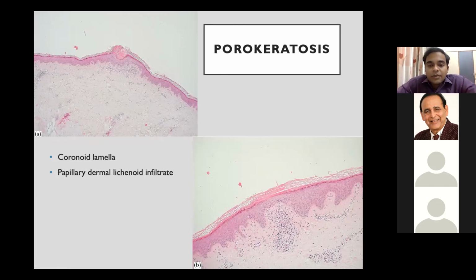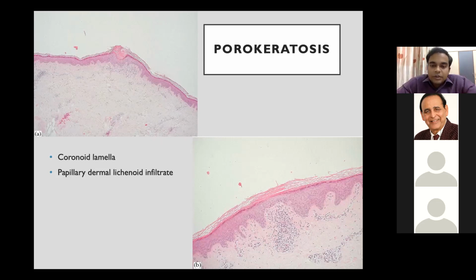So oftentimes it happens that cornoid lamella is not seen, and it is often seen after subsequent sections or multiple step sections. What you may end up seeing initially on the first slide itself may be just some papillary dermal lichenoid infiltrate, some lymphocytic infiltrate which is attacking the basal layer. That's it. So some people may think of it as a lichen planus slide.